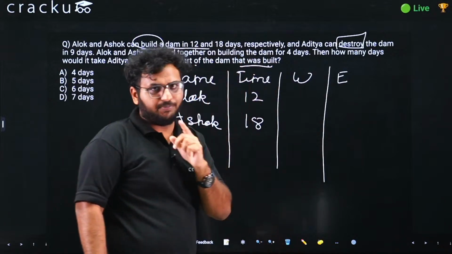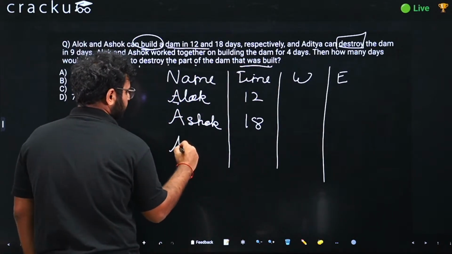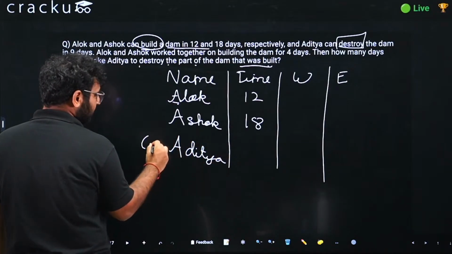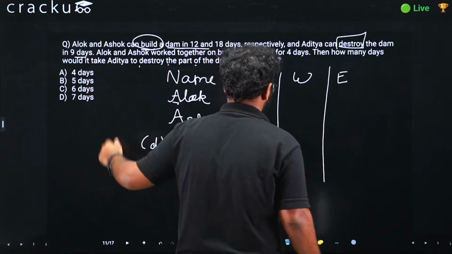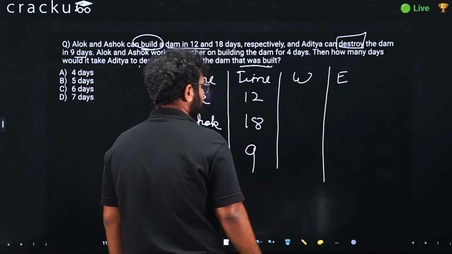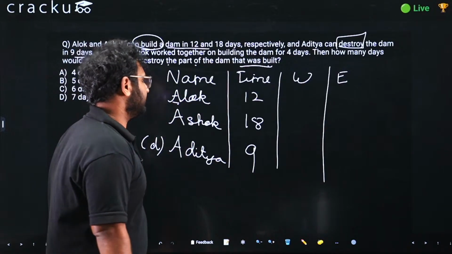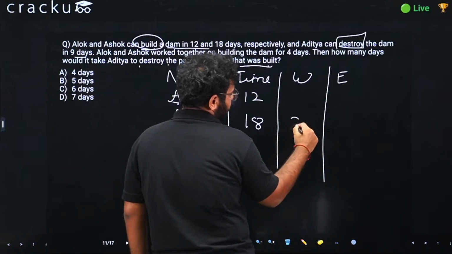So built is positive, destroying is negative. So Aditya (D) is negative, destroys the dam in 9 days. Now take the LCM of it, which is 36.